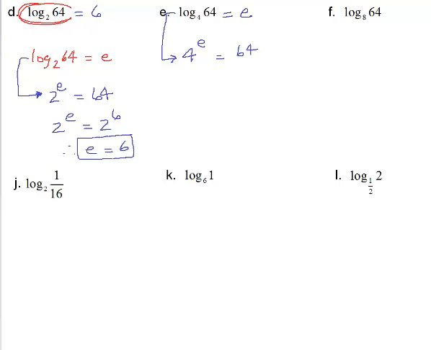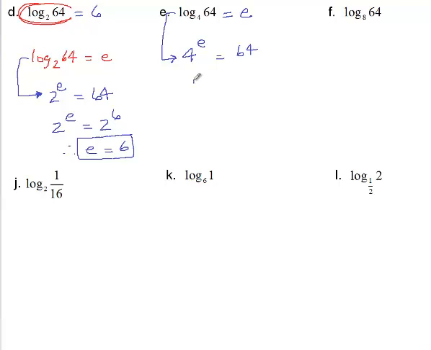Now some people will skip the next step and just write e equals 3 and you're done. Or if you want, you can rewrite 64 as a power of 4 as well, so the bases are the same on both sides.